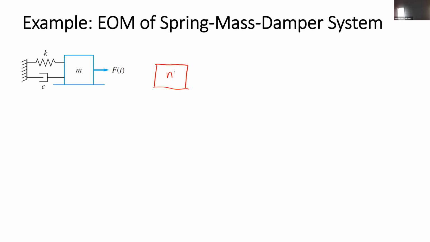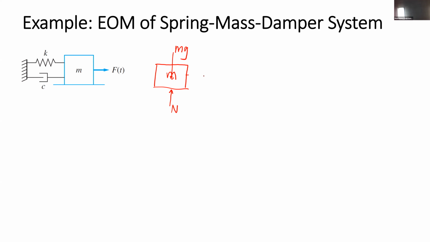We have the mass that is put on the surface. So in the free body diagram, we should have the normal force from the surface, and the mass has the gravitational force mg.